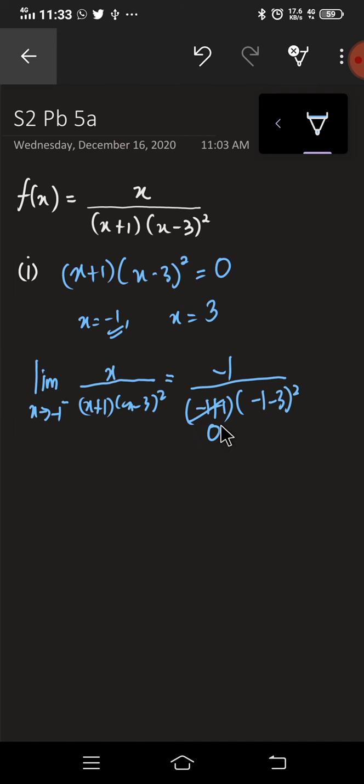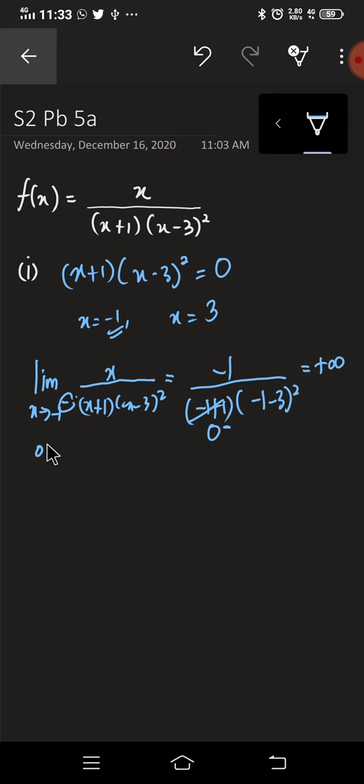We get 0 here, but is the 0 from the left or from the right? Because it is from the left, let's say -1.1. So -1.1 + 1 will be a negative value, so the 0 is negative here. Negative value at the top and negative value at the bottom, so positive infinity.